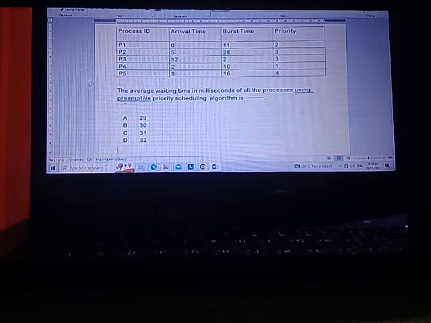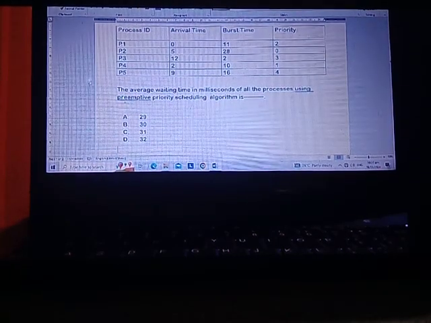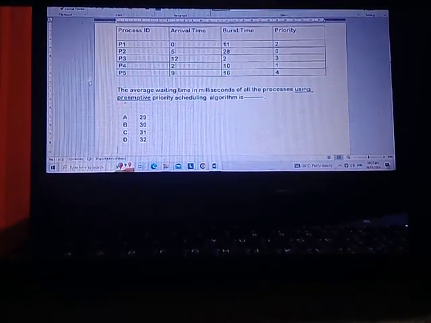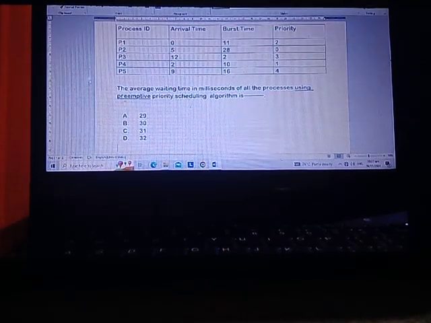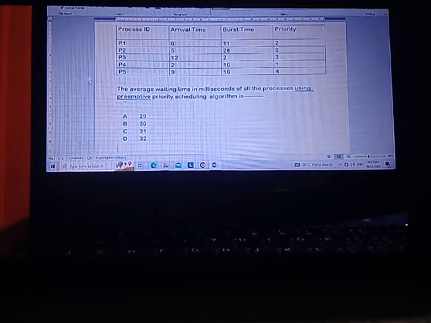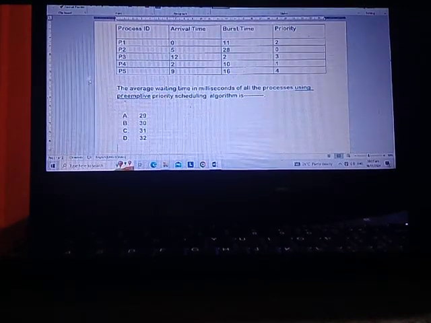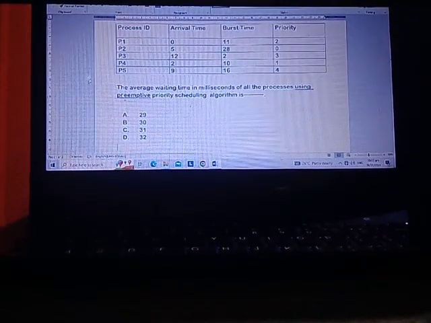So this 9 and this 12 all fall under the execution of P2. That means during the execution time of P2, these two processes P5 and P3 arrived but didn't get the CPU.